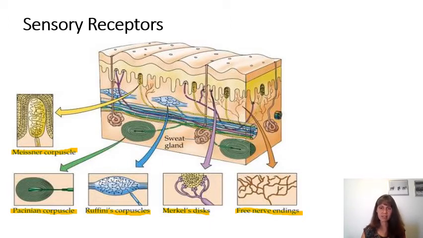So free nerve endings can transmit different types of information. Just to back up a little bit, the Merkel's discs, we already said, I'll repeat it, those are responsible for transmitting information regarding light touch. The free nerve endings actually extend into the epidermis, and this picture does not do them justice because it appears that they end in the papillary layer of the dermis.